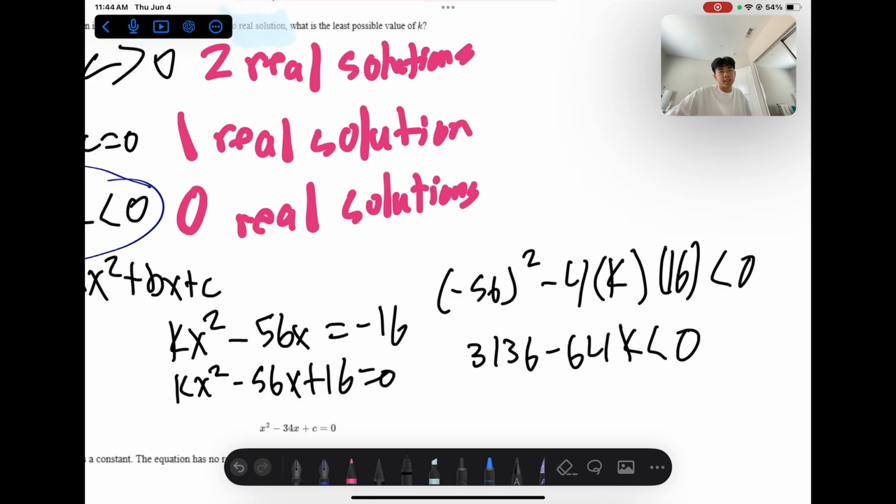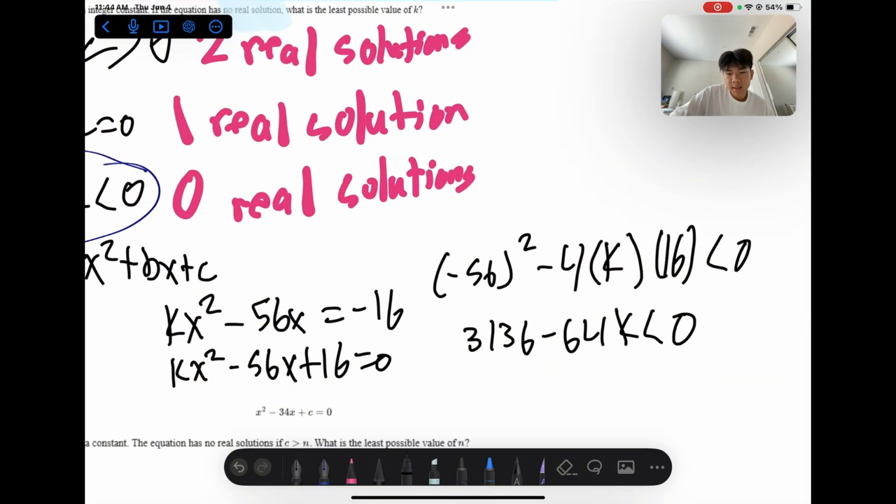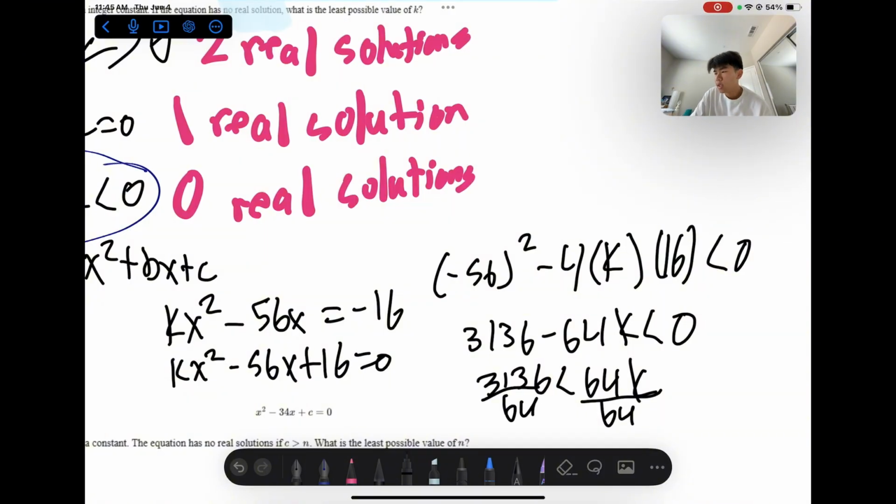So we have to find the smallest possible value of k, right? Let's move 64k to the other side. 3,136 is less than 64k. We're trying to find the least possible value of k, so it has to be over 3,136. Let's first divide by 64 to see what we get.